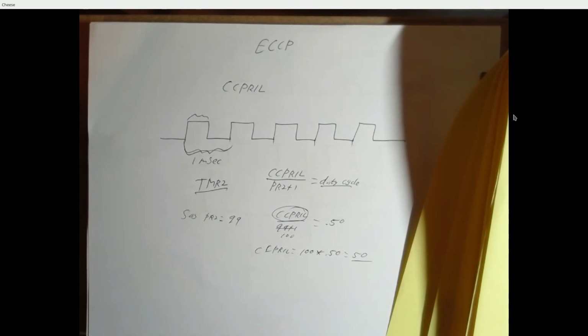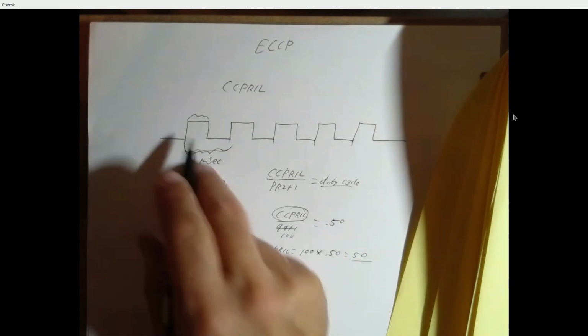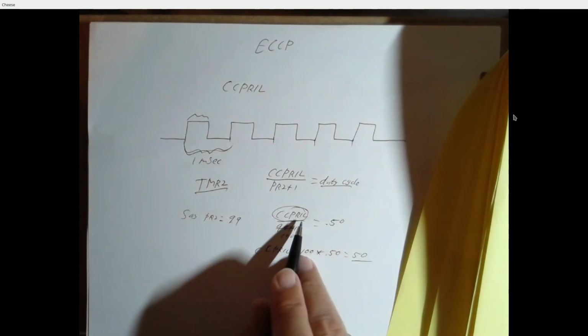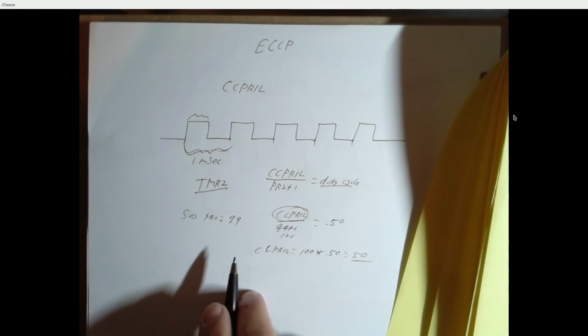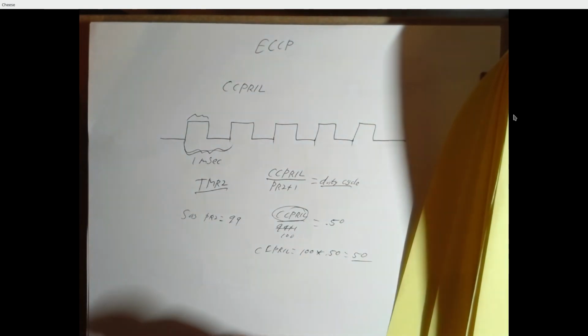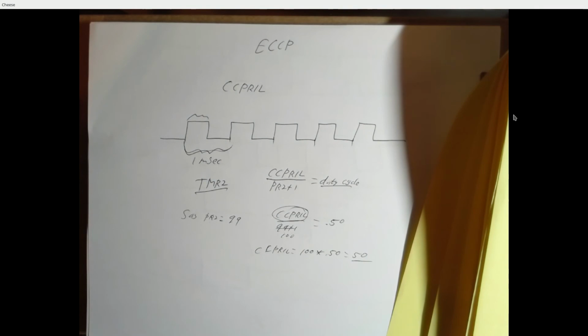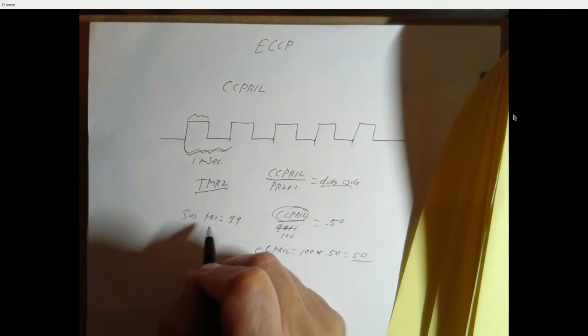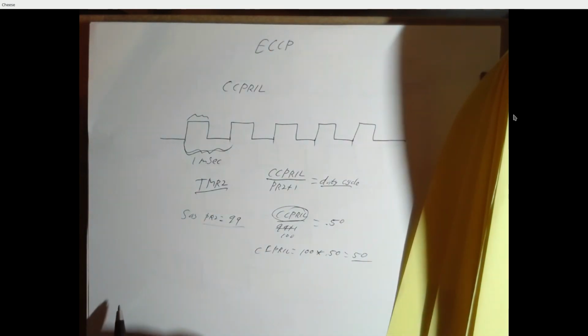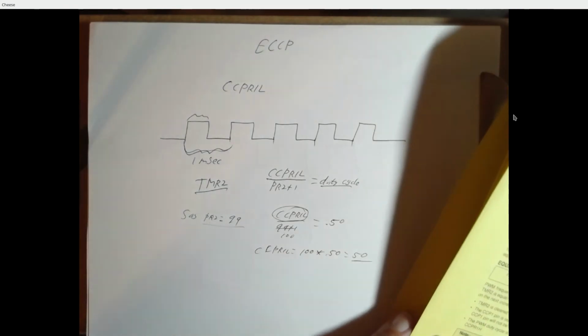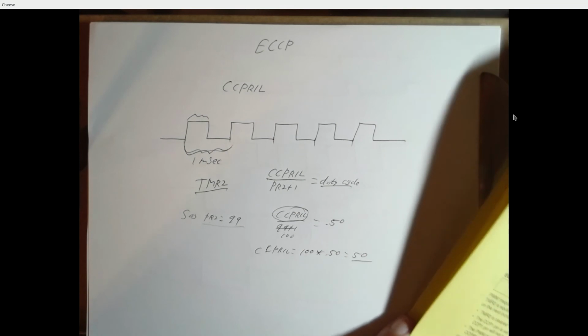In the lab, PR2 is set up to be exactly 99, so the duty cycle of this waveform is always CCPR1L over 100. If you want a 75% duty cycle, put 75 into CCPR1L. If you want a 10% duty cycle, put the number 10 into CCPR1L. That works out nicely because PR2 plus 1 is exactly 100. So you can thank Izad for making the math easier in this lab.